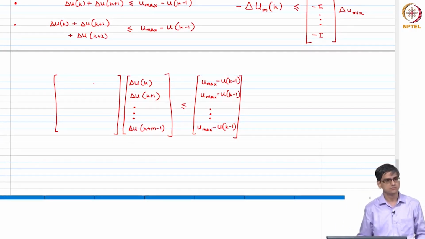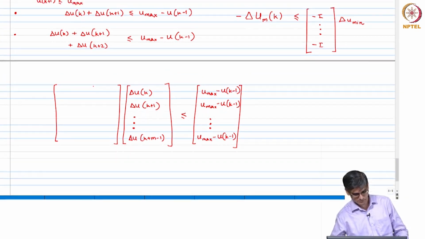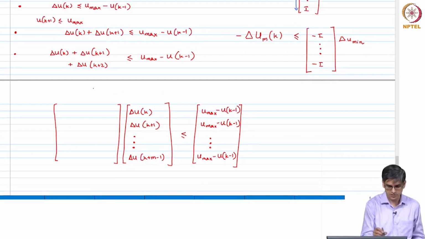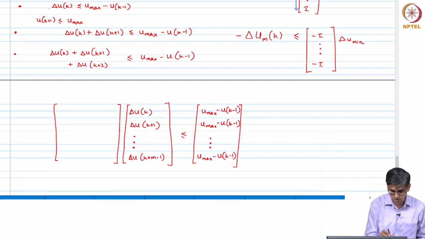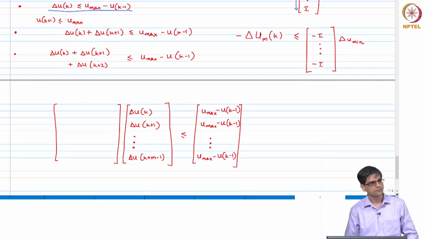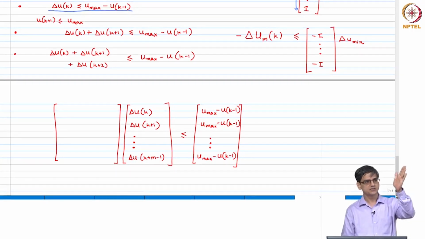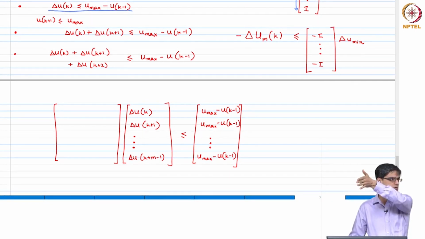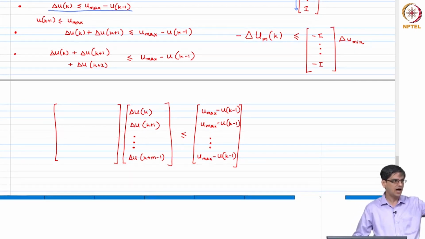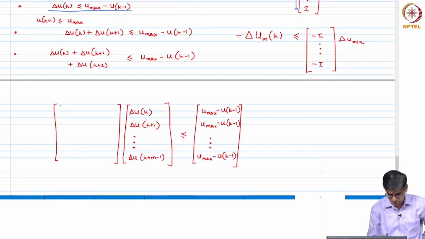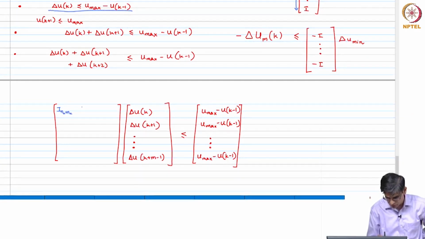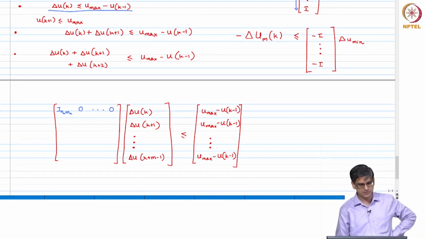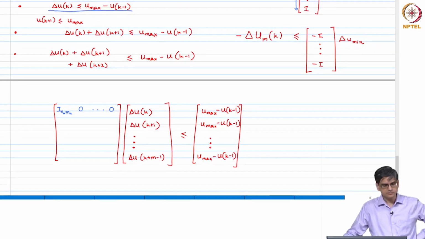What is going to be the first row? First row is for this equation, identity 0 0 0 0. In scalar it is 1 0 0 0, in vectors it is I 0 0 0 on the first row, right. So, you have identity which is nu by nu, 0, and 0 is also an nu by nu matrix.